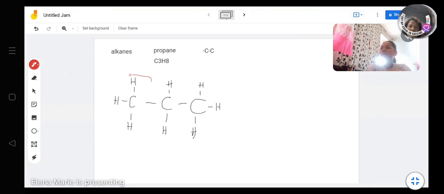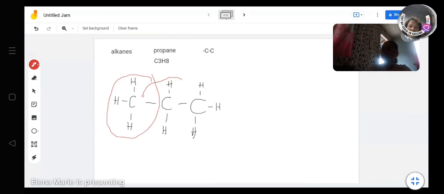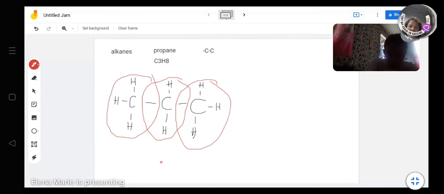Around this carbon you have 4 bonds, 1, 2, 3, 4. Around the second carbon at the center, you also have 1, 2, 3, 4. And for this carbon, you also have 4 bonds. So that completes the tetravalency of each carbon.